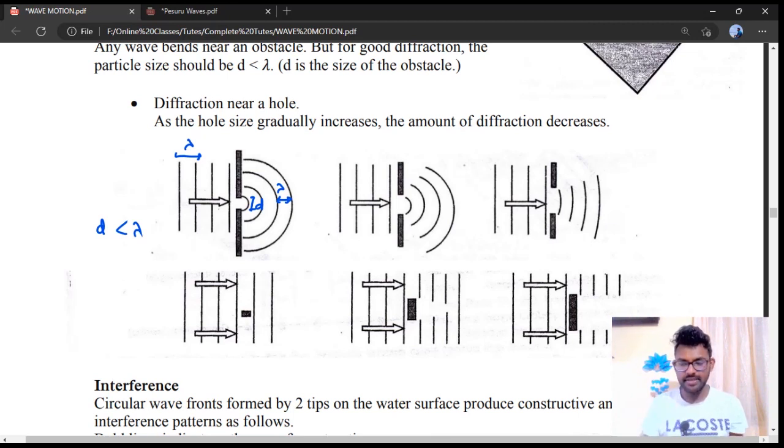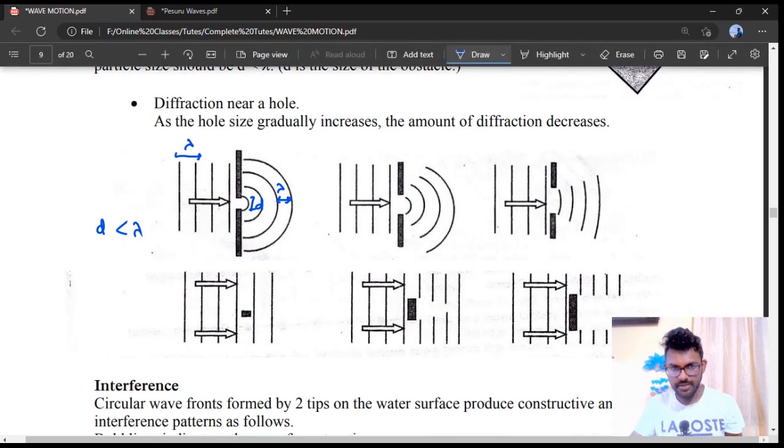There are no two media, it's just the same medium, but we can see the bending of the wave. So the wavelengths are the same whether it's a circular wavefront or a linear wavefront, but the arrangement is different. Now it's turning the circular wavefronts into linear wavefronts.